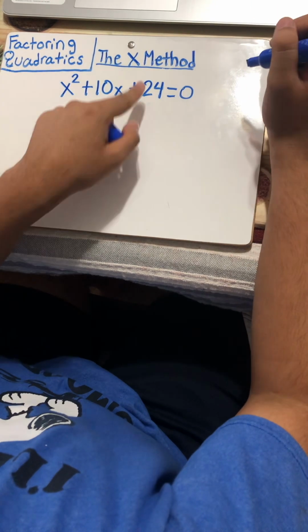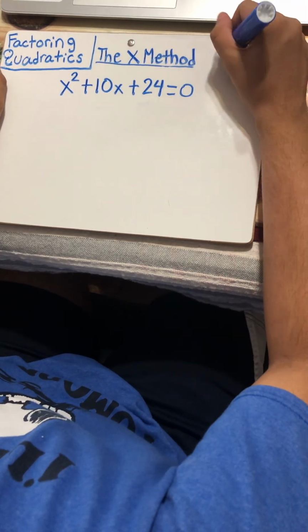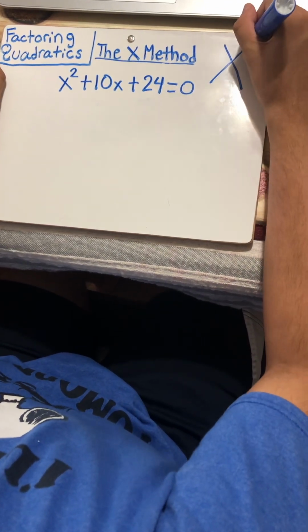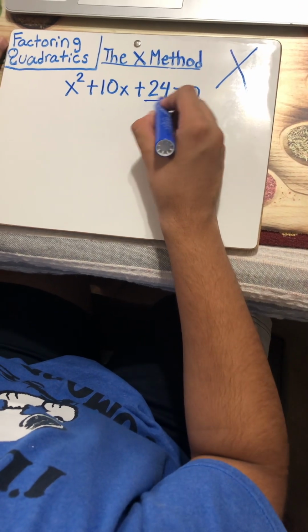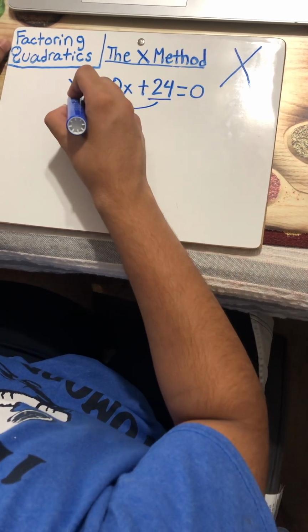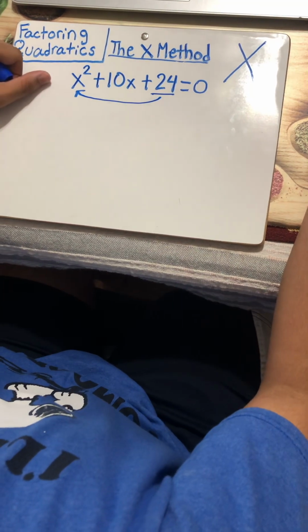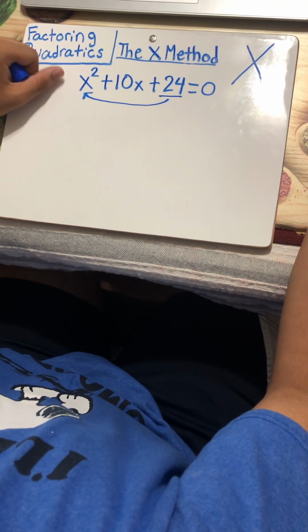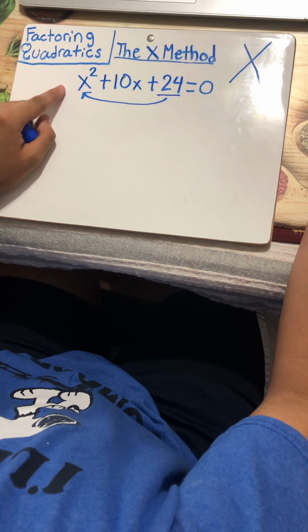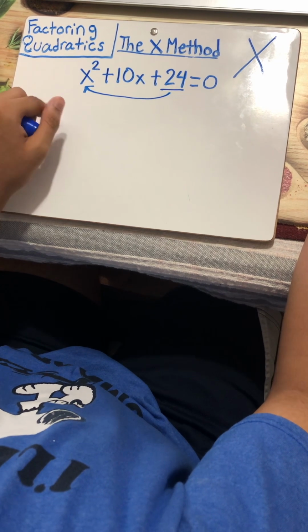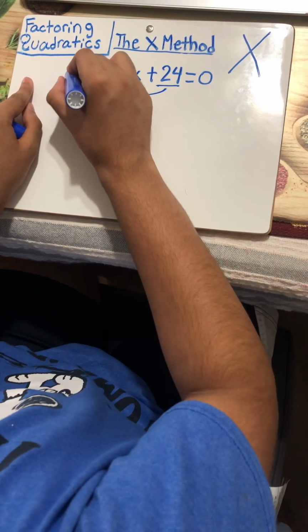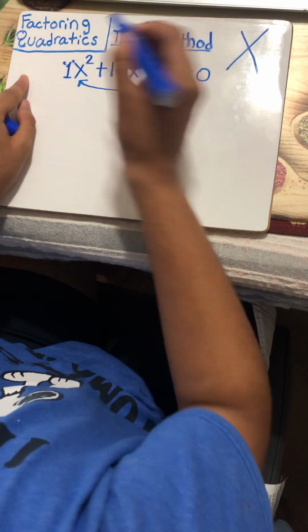To start the x method, we draw an x on the side of our board. On top of the x, right here, we take the last term and we multiply that with the beginning of the first term. In this case, there is no number or coefficient in this term, which means that we act like there's a 1 in front of this term.